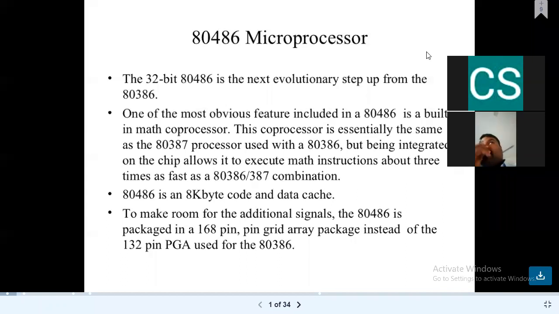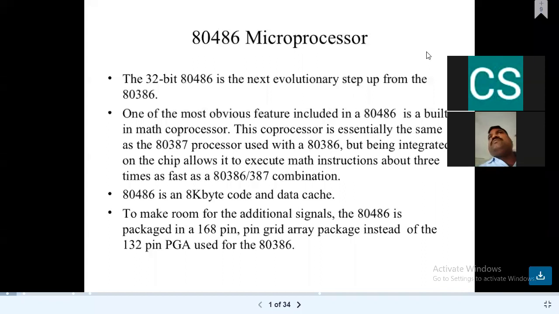Today we are going to cover 80486. Okay. So in unit number 8, only 3 main microprocessor chips are there, that is different versions of 80386, 286 and 486. Okay.